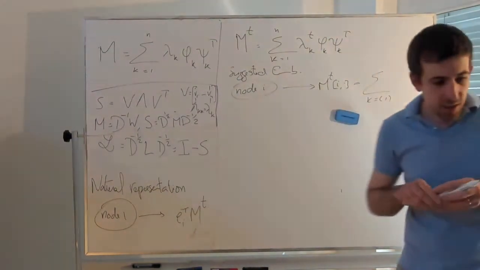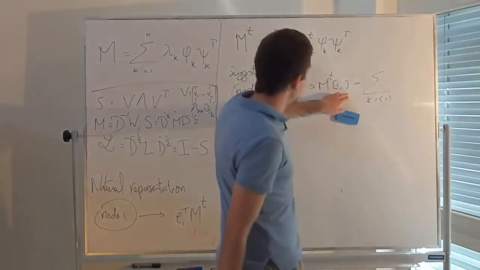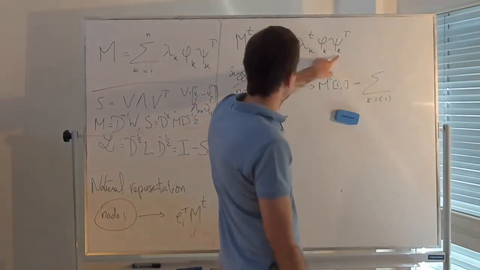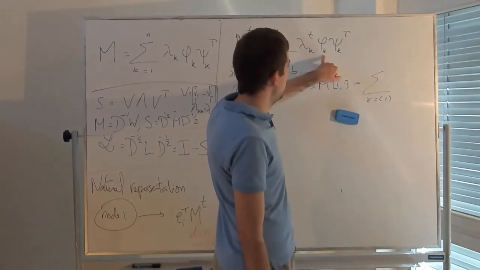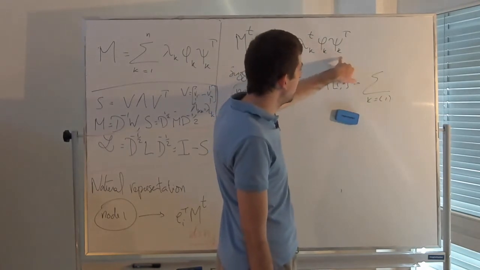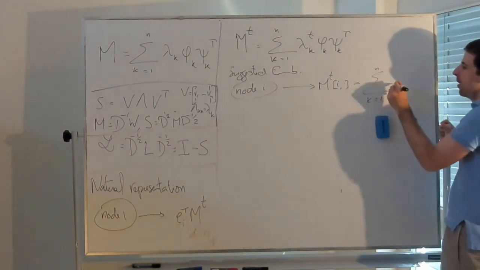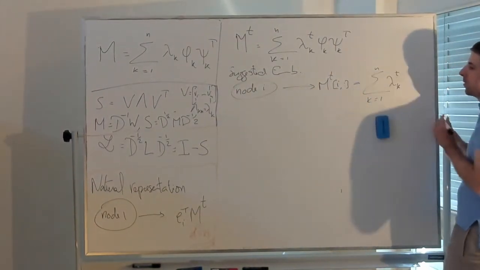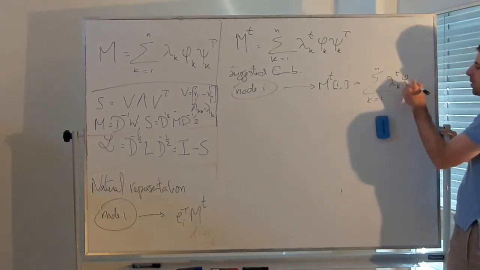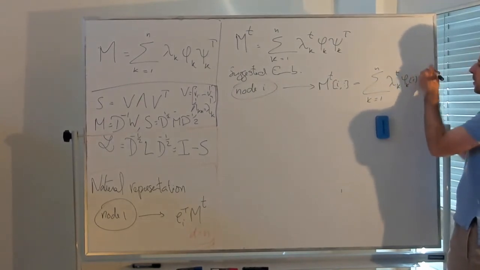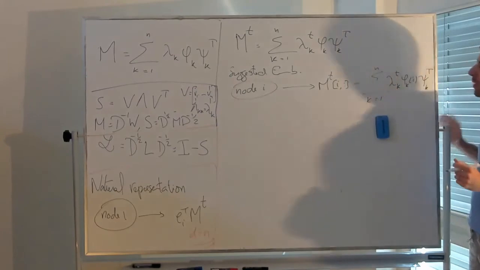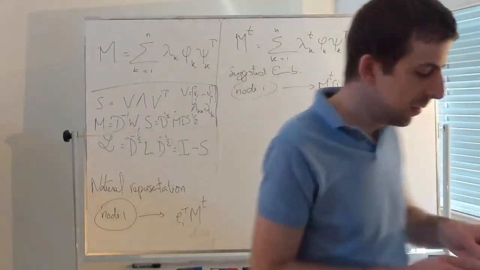This is exactly the same thing: the entry ij of this matrix is phi k i psi k j. So this is exactly the same as summing from 1 to n lambda k to the t phi k psi k transpose. So it's looking nicer.